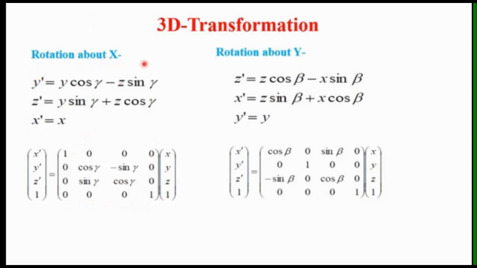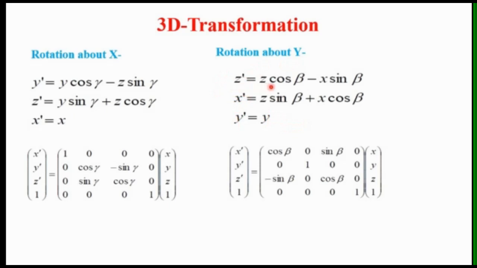When we want to rotate any object about the y-axis, the y dash will remain the same as y, the coordinate of y will not change, but x and z will change.